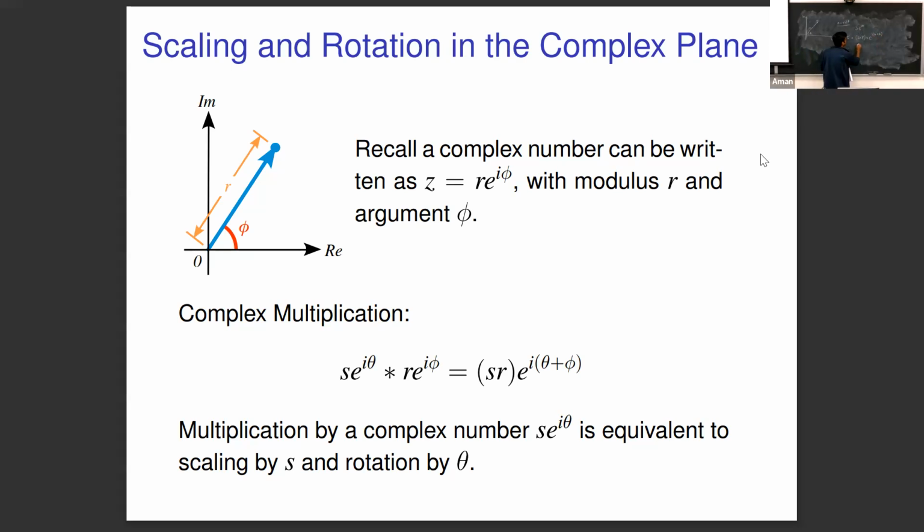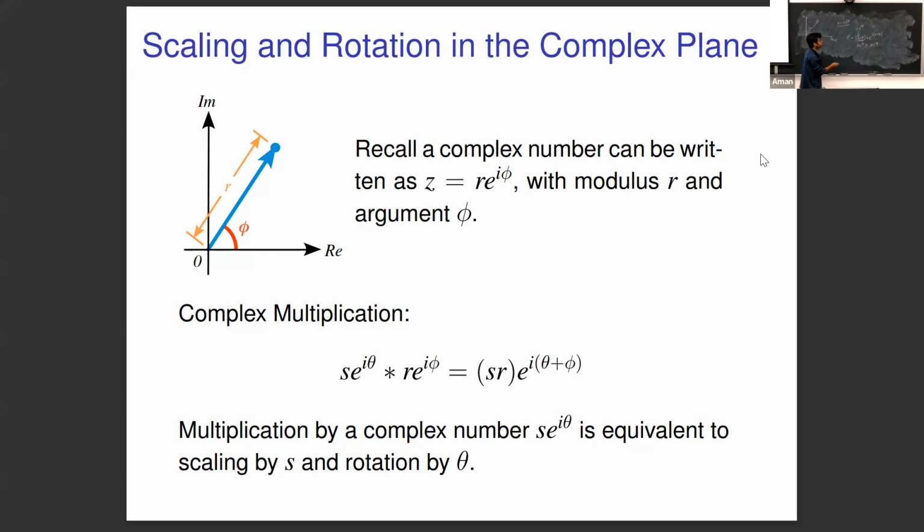So this is just s e to the i theta times r e to the i phi, and that becomes that, right? So by doing a complex multiplication between two numbers, we have scaled this vector z to z prime, where the length of the vector has increased by a factor of s, right? It was r before, and now it's s times r, and also the angle of the segment has changed by theta degrees.